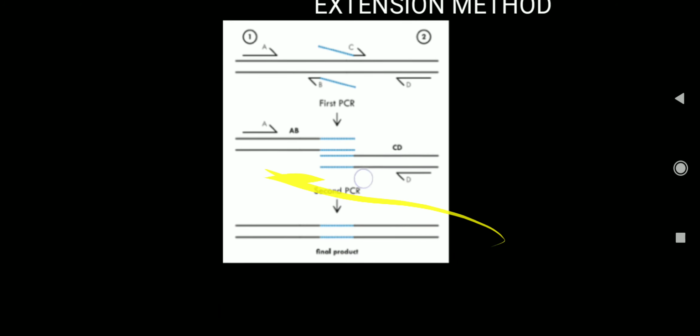So when we do this, after first PCR, we get two types of DNA. Both the DNA will undergo amplification. So we are going to get two sets of DNA. After we get the two sets of DNA, in the second reaction, we are going to use C and D primers.